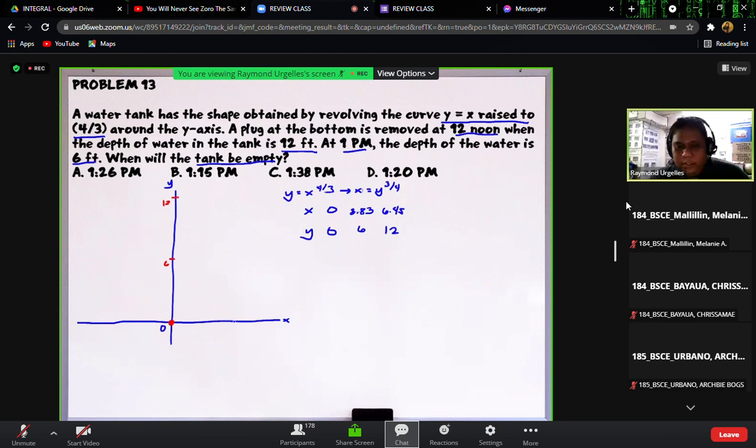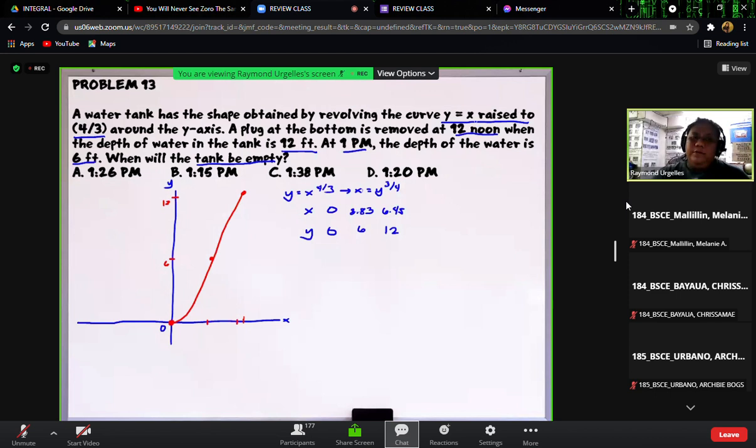Around here is 3.83. The other point is at 12 with 6.45, so that will be somewhere here. Okay, so this is the figure that comes out.